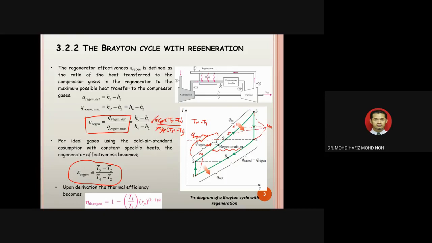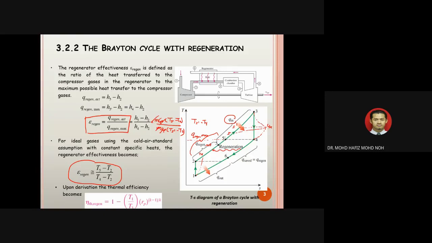The most important thing is that when you channel the hot gases from the turbine to the regenerator, the value of Q in, instead of T3 minus T2, is reduced to T3 minus T5. When you reduce the heat addition, the thermal efficiency is improved. That's theoretically.